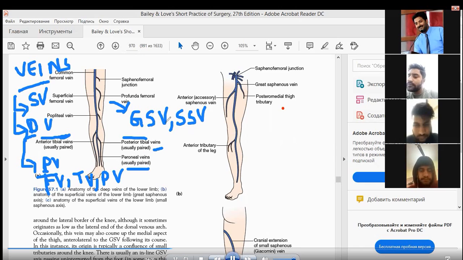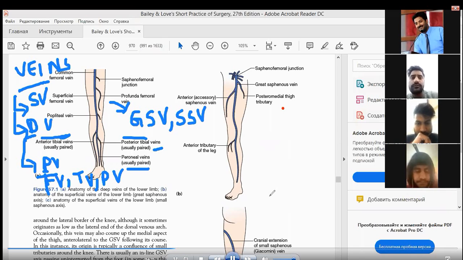Now, why are these veins important? Because in these veins there is development of deep venous thrombosis and varicose veins. Now, if you draw one diagram yourself, see here, everyone.